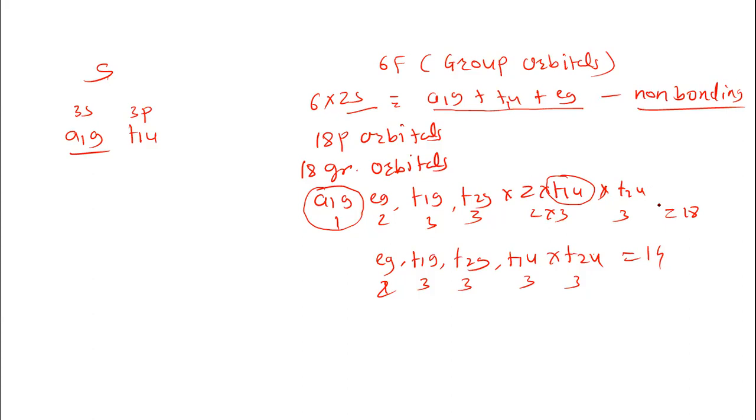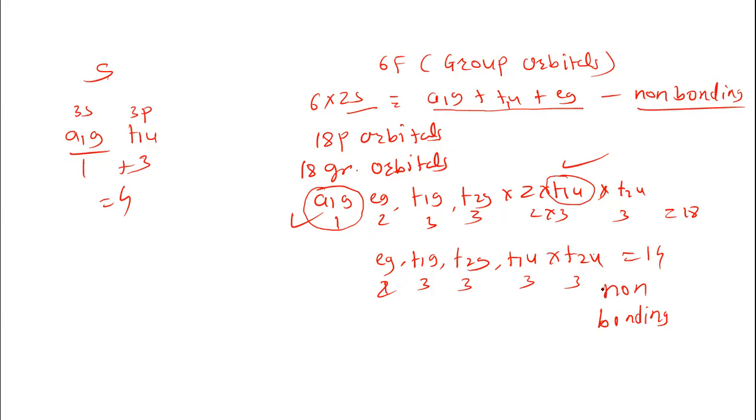Out of the 18 orbitals, only A1G and T1U are involved in the bonding with the sulfur atom, because sulfur has only 4: this is 1 and this is 3. So total 4 atomic orbitals are taken from the 6 fluorine atoms, and the remaining 14 remain as non-bonding in the MO diagram because they are not involved in the bonding.